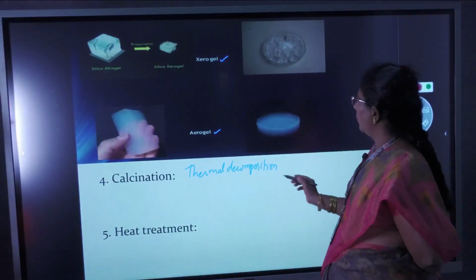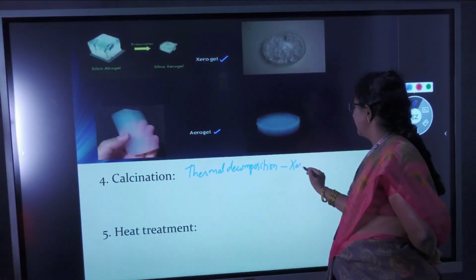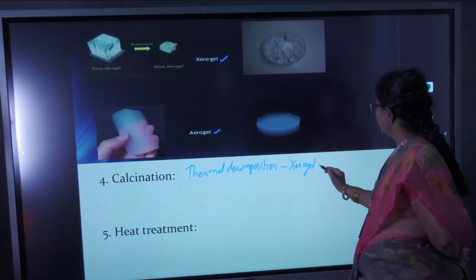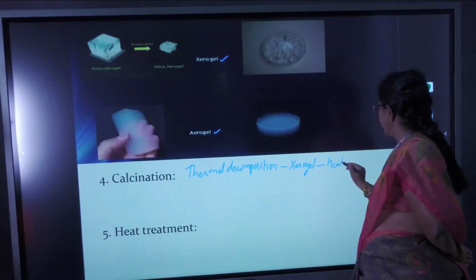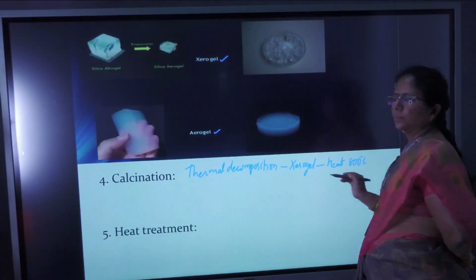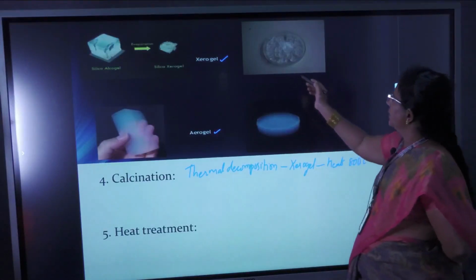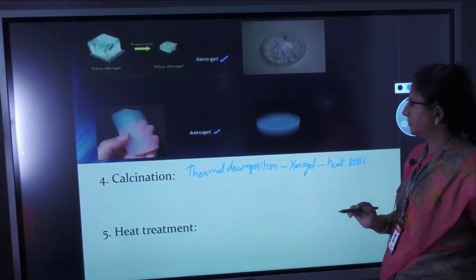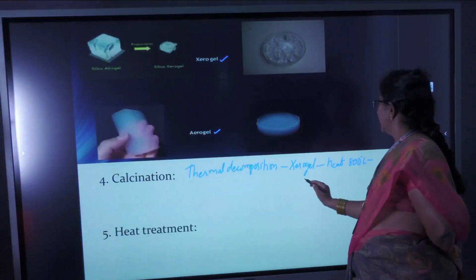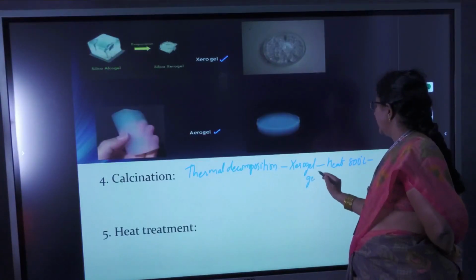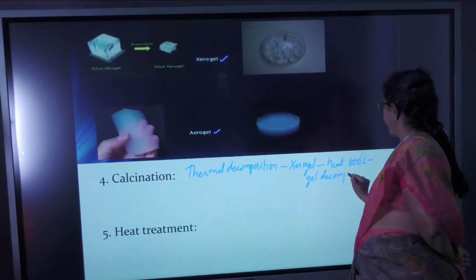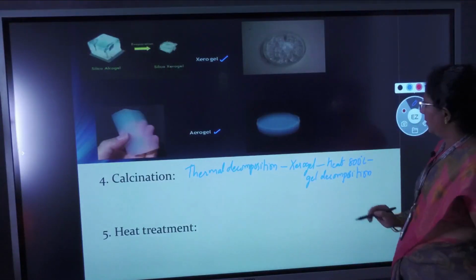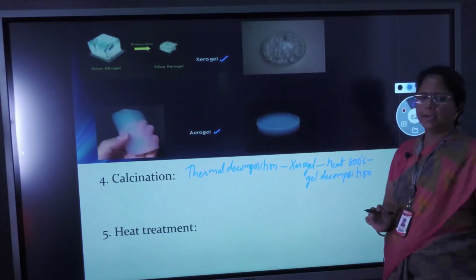Here they take a xerogel and heat it to 800 degrees centigrade.